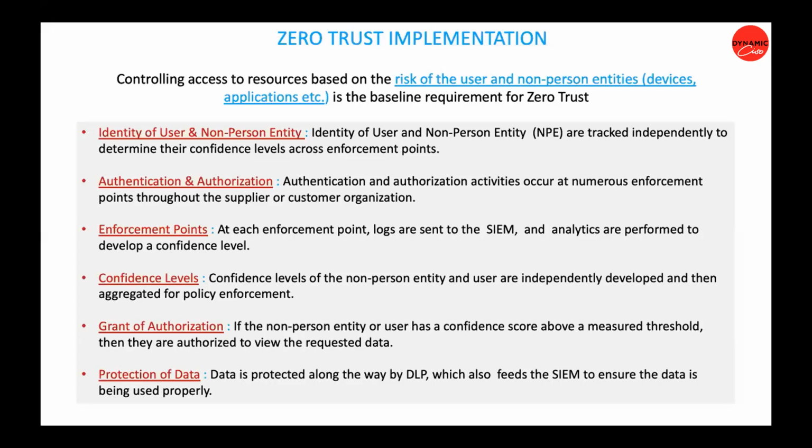Ensure that the identity of the user and the device, or what you call the non-person entity, is measured and converted into a confidence level, and authorizations are only given when the confidence level of a user or a non-person entity reaches above a threshold. So this is zero trust. I won't go into this part.